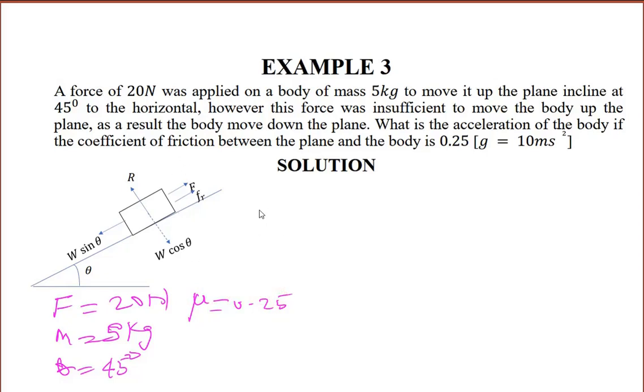So let's go. The force moving the body down, W sine theta, minus the force opposing the motion, which is F plus the frictional force, is equal to the resultant force with which the body moves down.